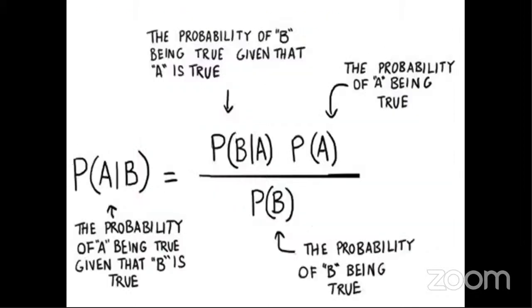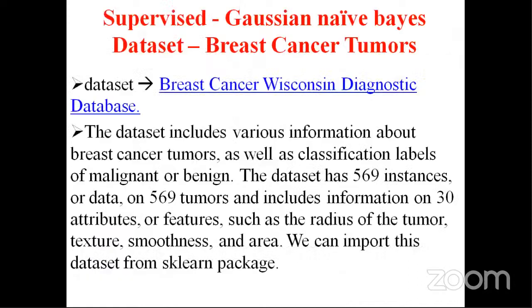Whenever we search the internet for the Gaussian Naive Bayes algorithm, we find this formula. Basically it handles things with probability, so the method of probability is used there. Here some A, B and so on are mentioned, and we'll see what they are.